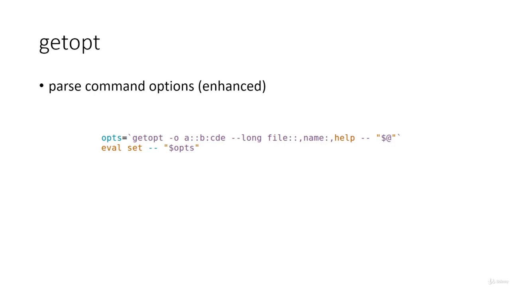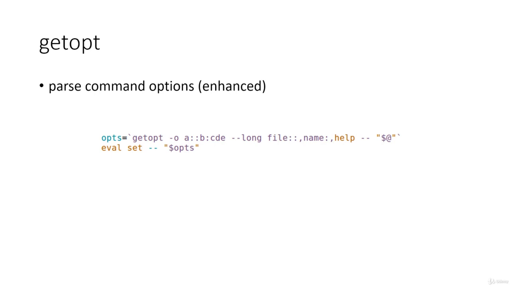We know from the Getopts command that if some parameter is followed by a colon, there is a required argument after this parameter. But here we have two colons after the a parameter and after the file parameter. Two colons mean that the parameter can be followed by an optional argument. We can provide it or not, it is up to us. But it's a little tricky.